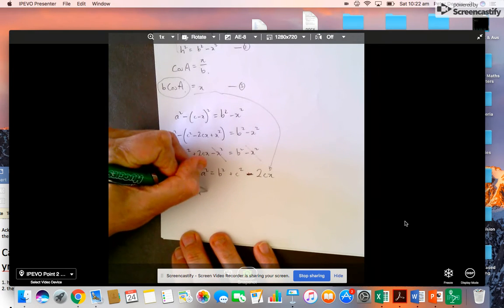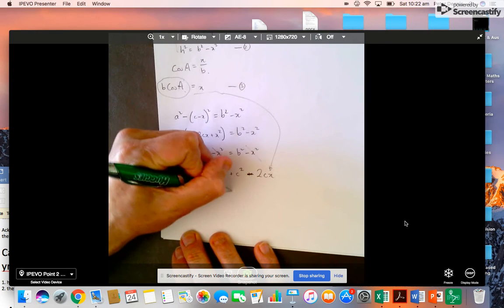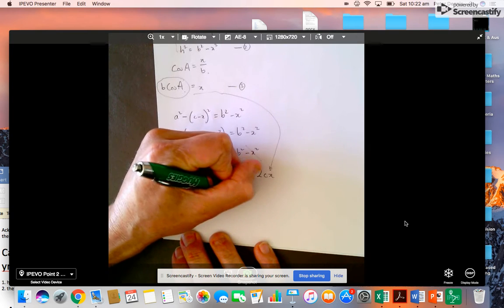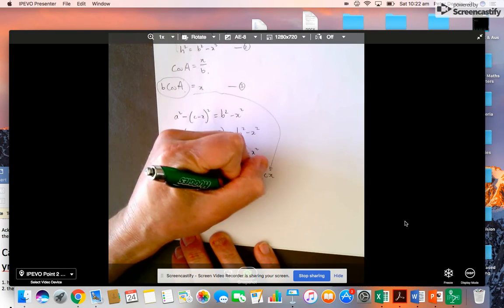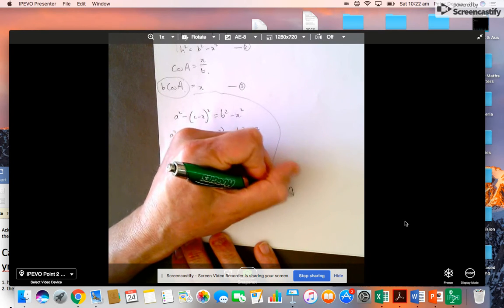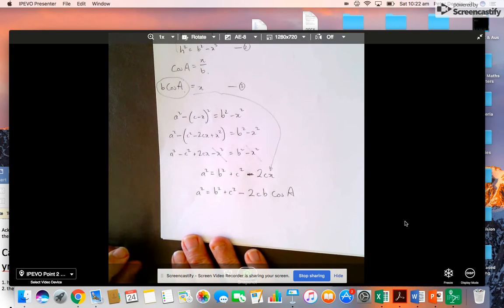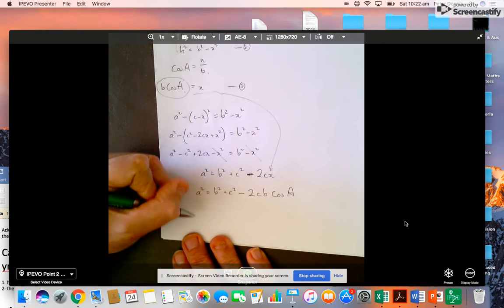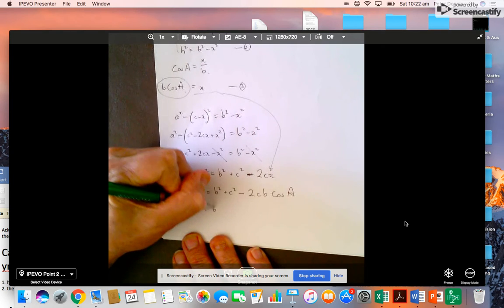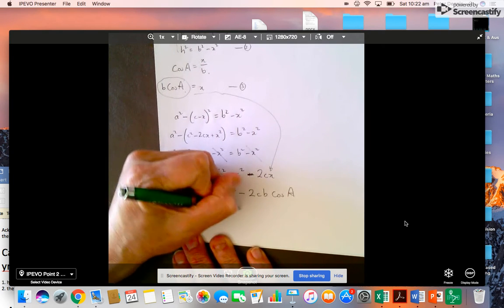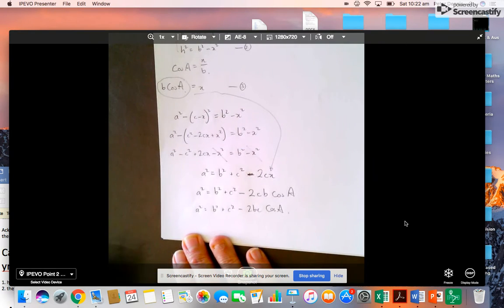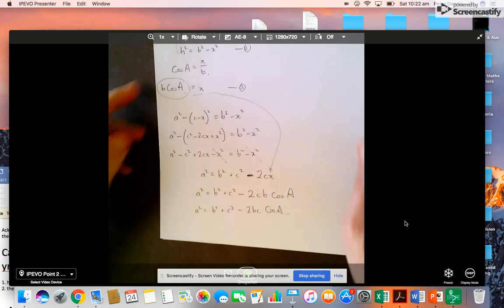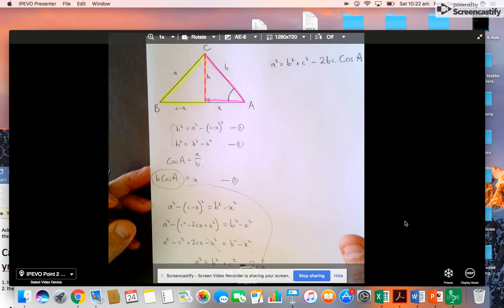So a squared equals b squared plus c squared minus 2 times c times our x, which is b cos A, which is exactly what we were looking for. We could rewrite this as a squared equals b squared plus c squared minus 2bc cos A to make it perfect. But that's a nice simple proof, and all three proofs basically work the same way.